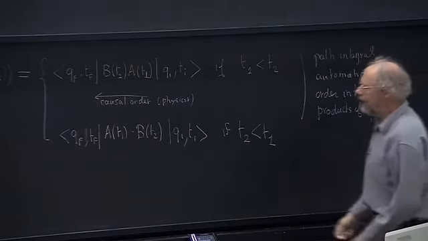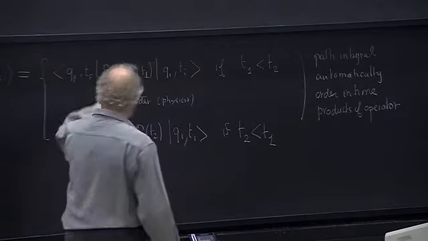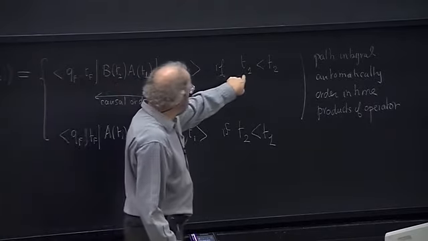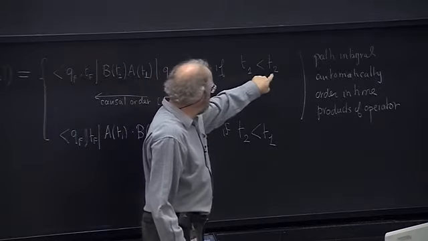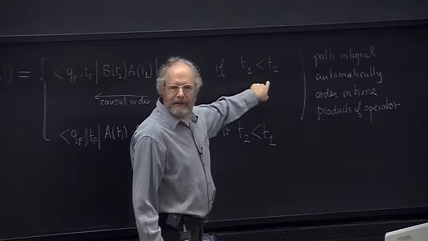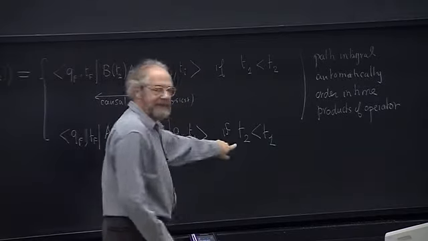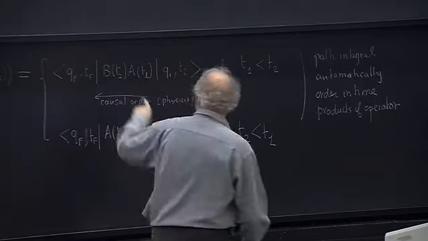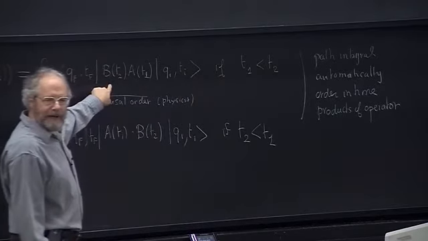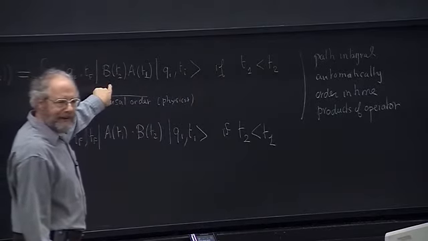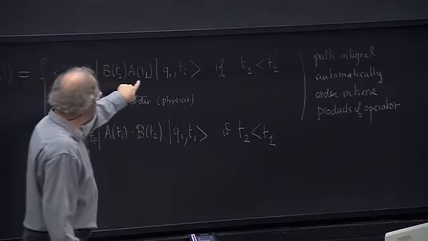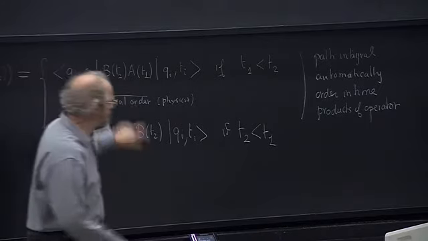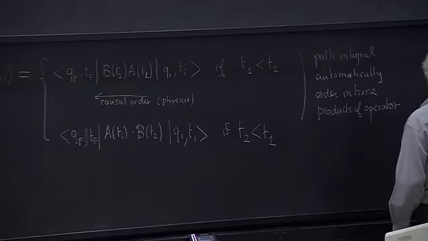And you see, if you start from this formula and make an analytic continuation in time from T1 less than T2 to T2 less than T1, you do not get this. You get something different. That's because we are working in the Heisenberg picture.